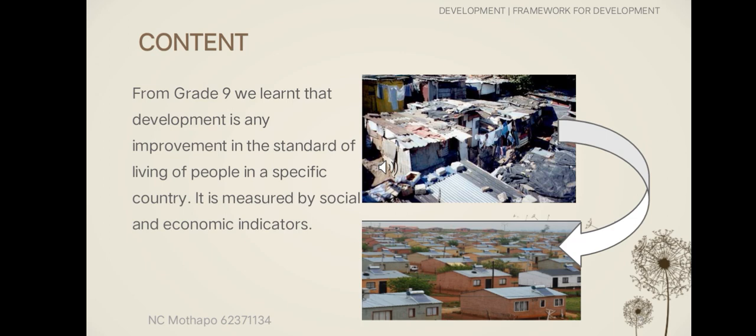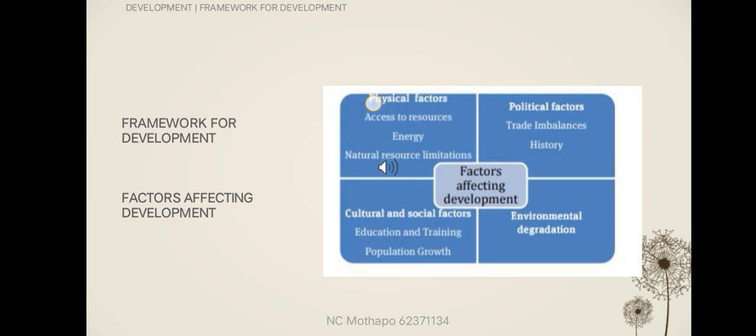There's an arrow there that indicates that if a person moves from the first settlement to the other settlement, that is an example of development as it shows an improvement on their side. That is all the time we have for the grade 9 recap.